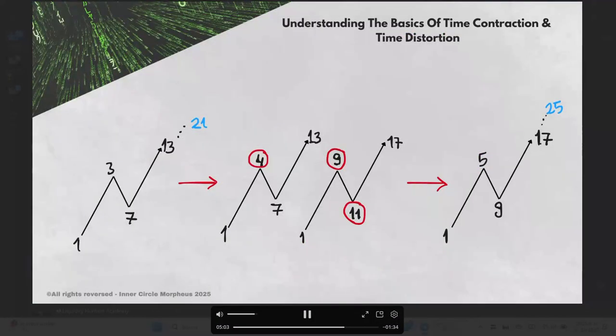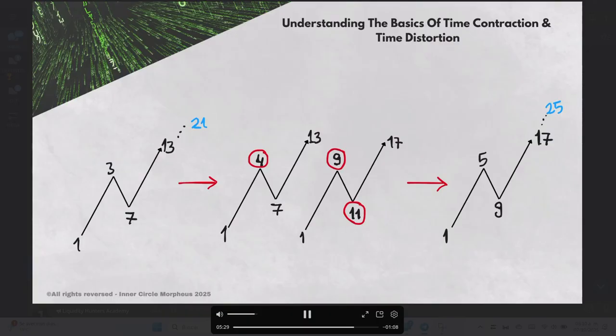Okay, now let's talk more about grading these sequences in the price swing forms. The first image is where the basic sequence is demonstrated, 1, 3, 7, 13, 21, and the last image on the right-hand side is the second sequence, 1, 5, 9, 17, 25. Pay attention to what I'm about to say. You can imagine this from left to right as the evolution of the sequence. It is transformed phase to phase as the time is contracted.